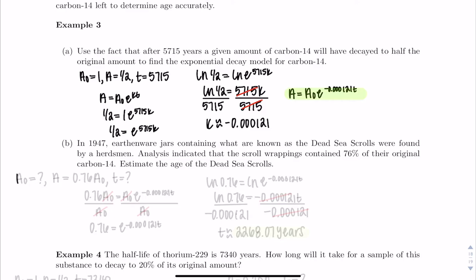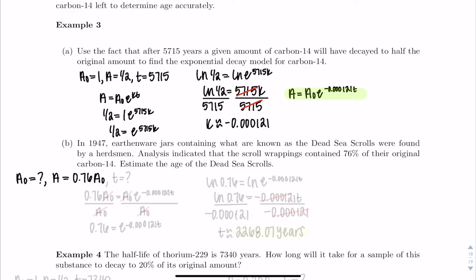So if my original amount is what we're trying to find, we know that the ending was that they had 76% of their original. So that's 0.76 A naught. And so we're just going to plug this in and figure out how old they were.